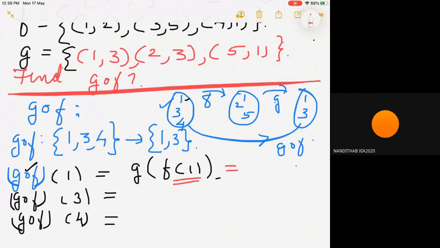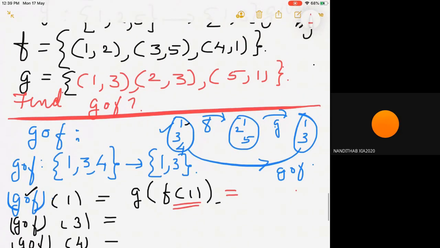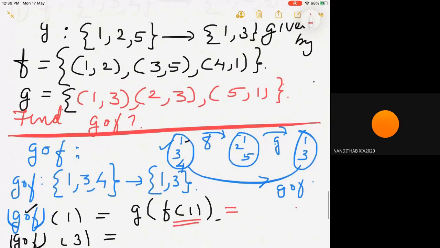F of 1 means the image of 1 under the function F. The second element of each ordered pair is the image of the first element of that ordered pair. So the image of 1 is 2, or F of 1 is 2.